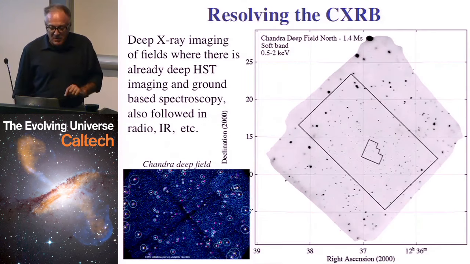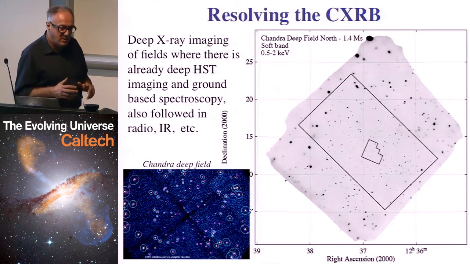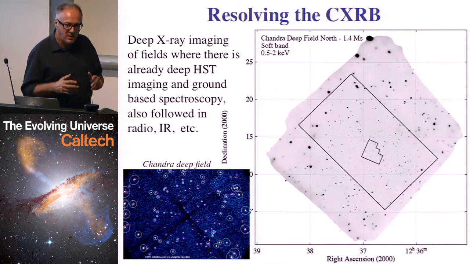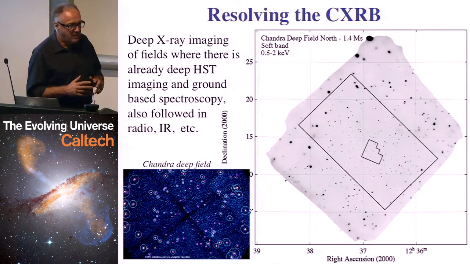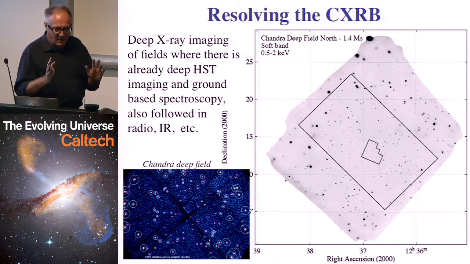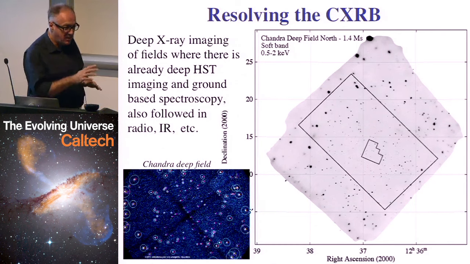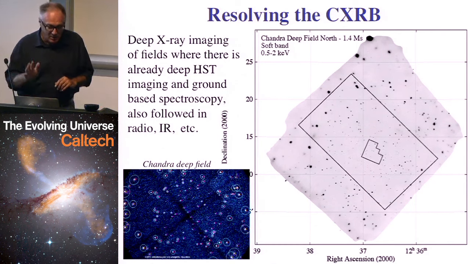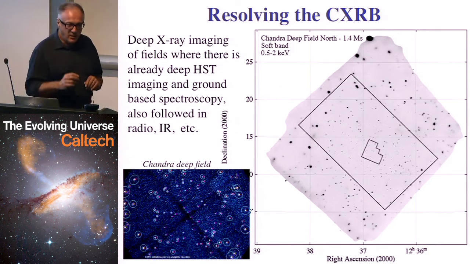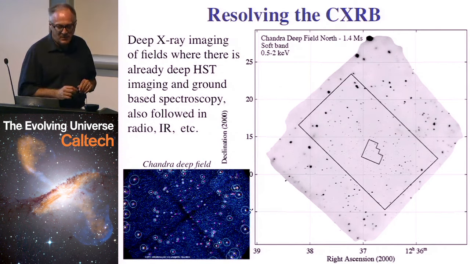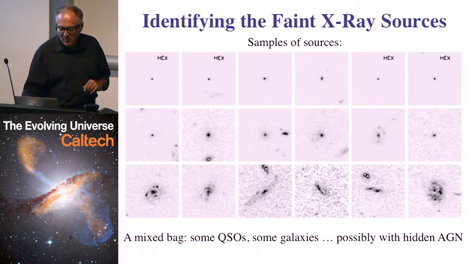And the way we know this is people looked at very deep fields. Just like optical astronomers had deep fields like the Hubble Deep Field and Ultra Deep Field and super duper deep field, and added a lot of integration together to see as deep as possible, X-ray astronomers did the same thing, and they did it in the same fields so that there is an optical counterpart for every X-ray source. They do have a variety of properties.